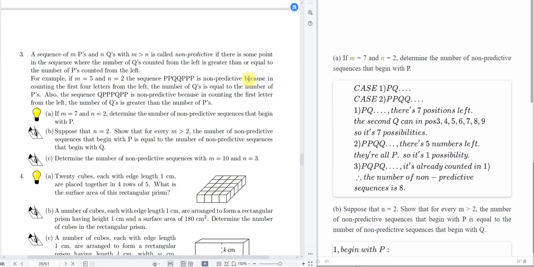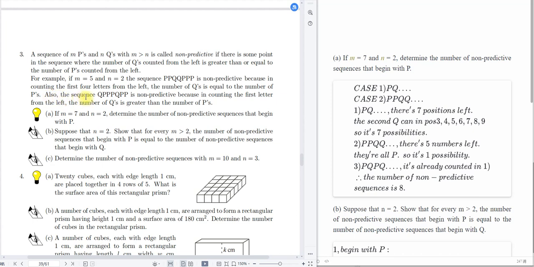For example, if m equals 5 and n equals 2, the sequence P, P, Q, Q, P, P, P is non-predictive because in counting the first 4 letters from the left, the number of Q's is equal to the number of P's.